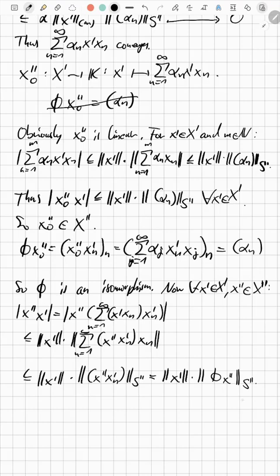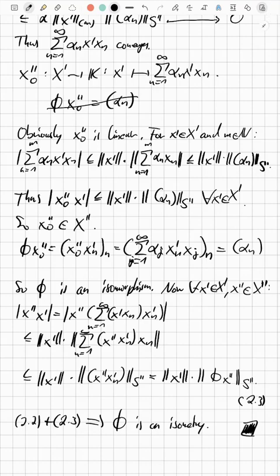And if we give this a name, we can write the following, that from 2.2 plus 2.3 it follows that phi is an isometry. So it's an isometric isomorphism. We conclude our proof, and that is it already for this chapter.